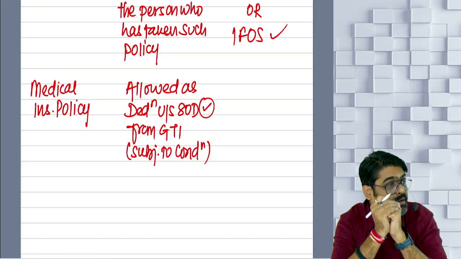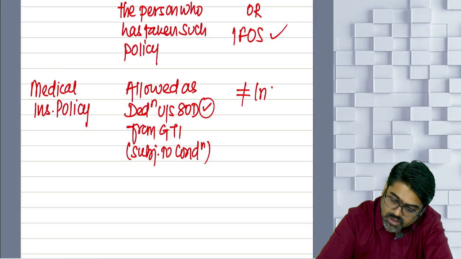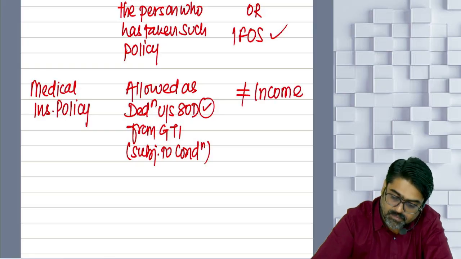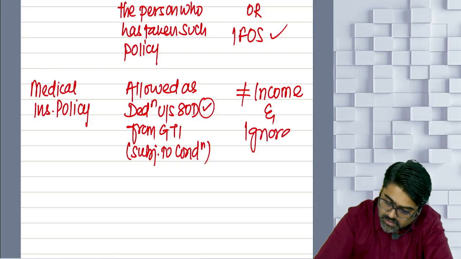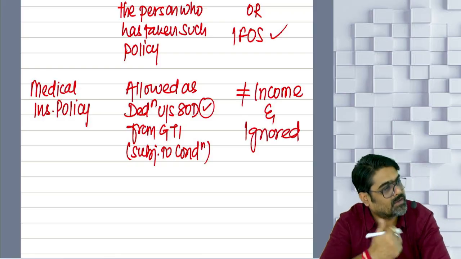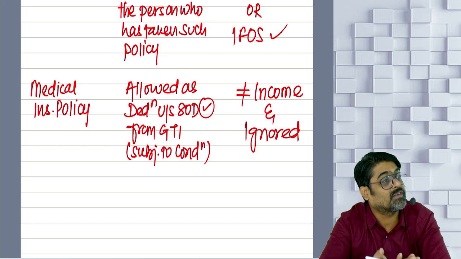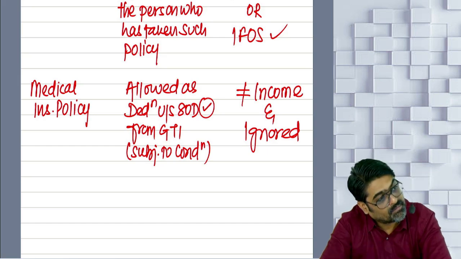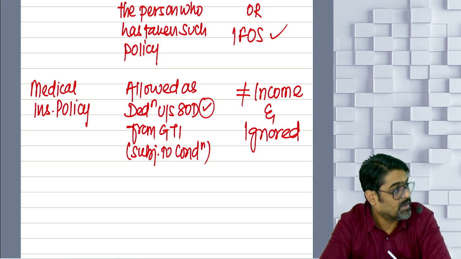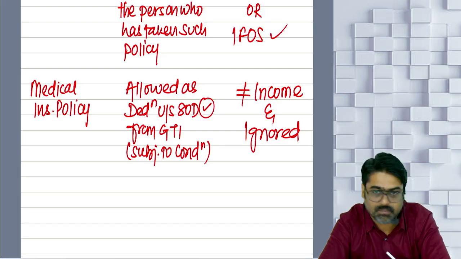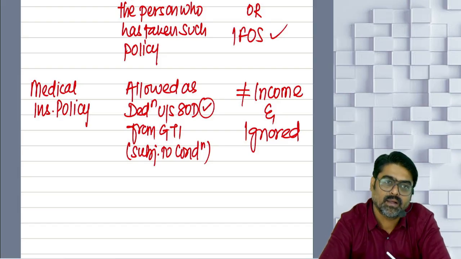That medical reimbursement is not treated as your income, and the same is ignored. It is not treated as income under the Income Tax Act because it is a reimbursement of your medical expenses given by the insurance company. Understanding?